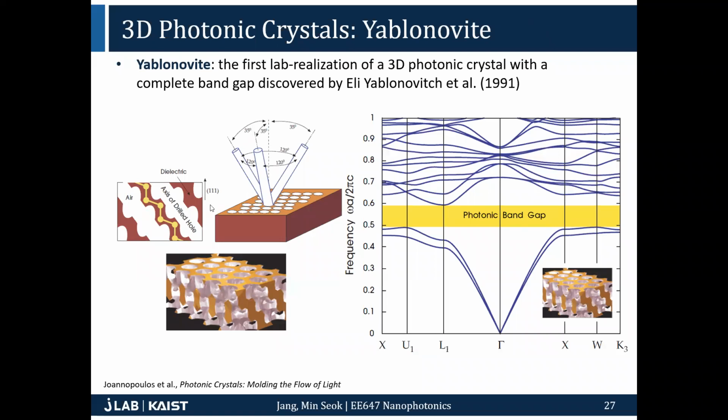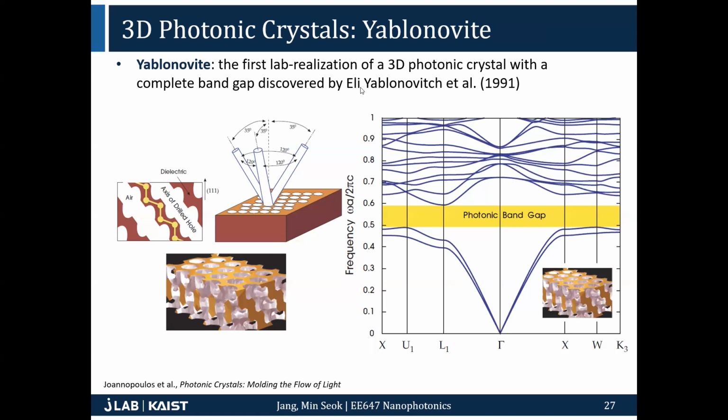photonic crystal is called Yablonovite, which was invented by Eli Yablonovitch in 1991. Eli Yablonovitch is a professor at UC Berkeley who pioneered the field of photonic crystals. He's one of the inventors of the photonic crystal.